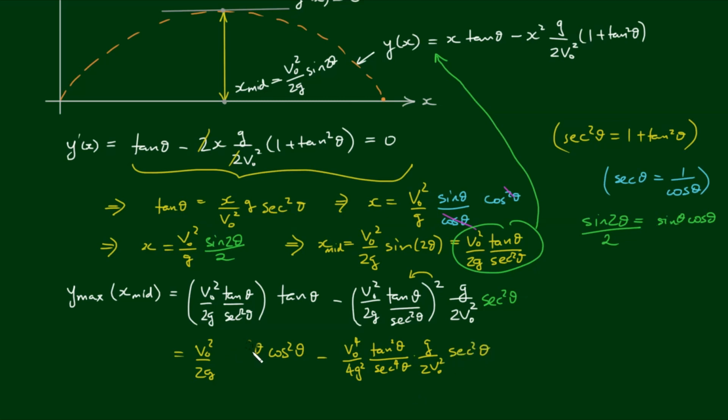Tan squared can be written as sine squared of theta on cosine squared of theta, and that means the cosine squared is cancelling on the top and bottom. The 4th power of v0 reduces to 2 and cancels that on the bottom.